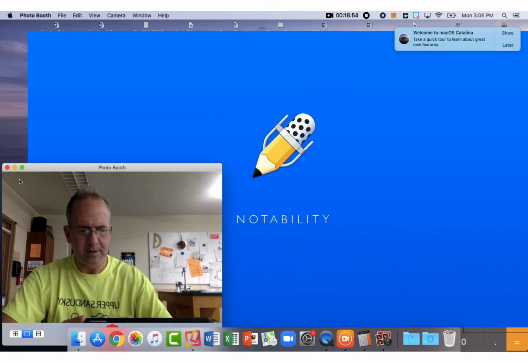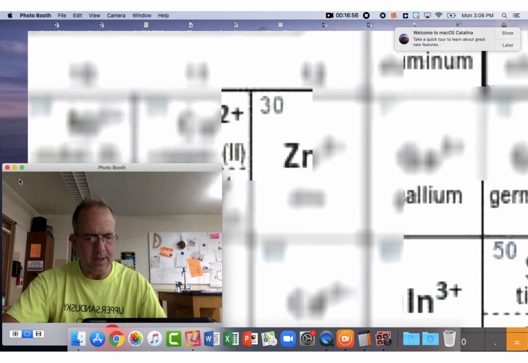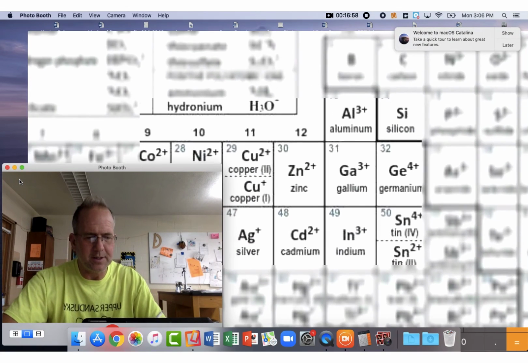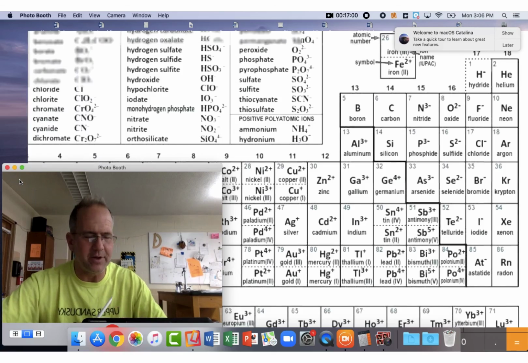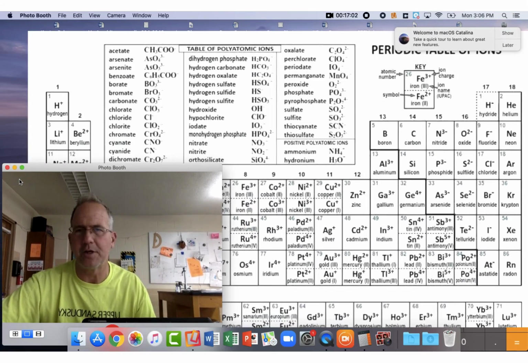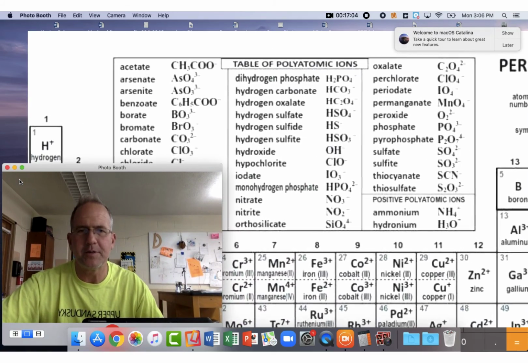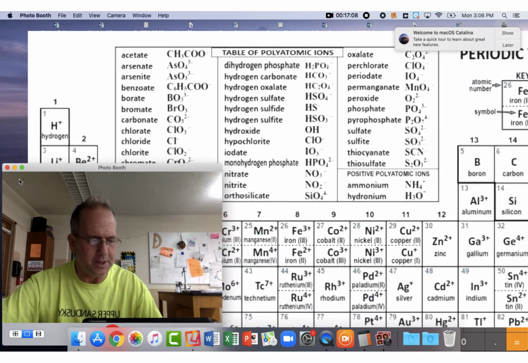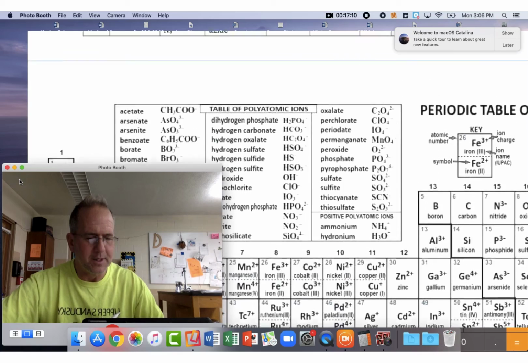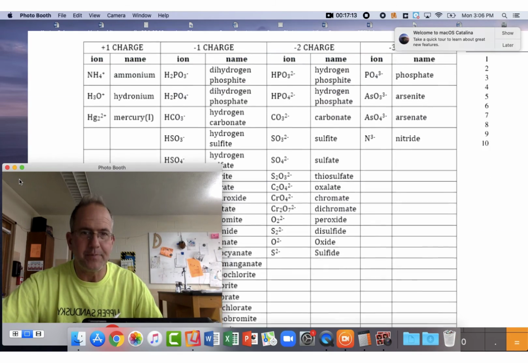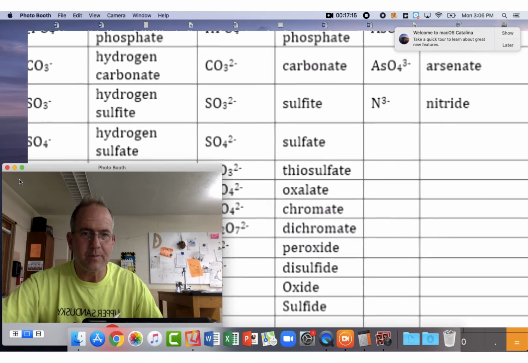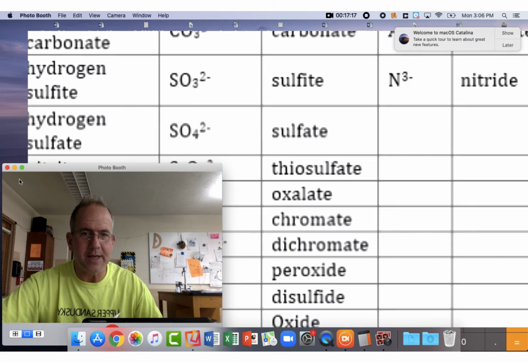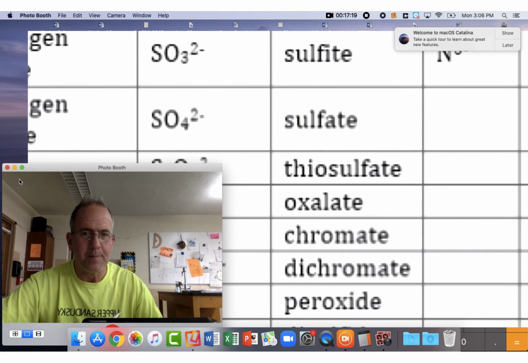Sulfate. Okay. Now, this chart, it has some of the common ones up here on the front of this chart, right? So I put those up there so you could find those. But there's also another chart on here that has them too. So look at that. And it says SO4 minus 2.